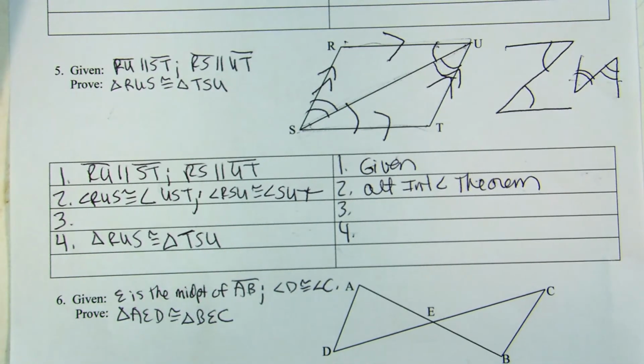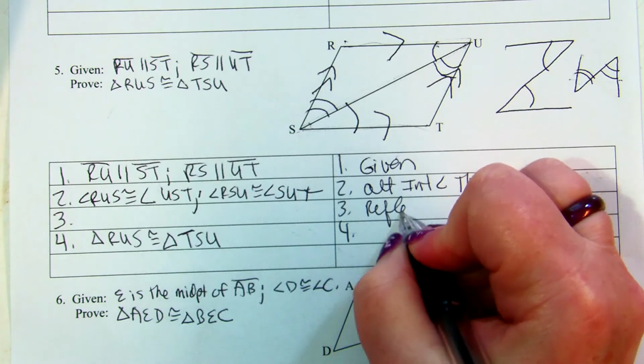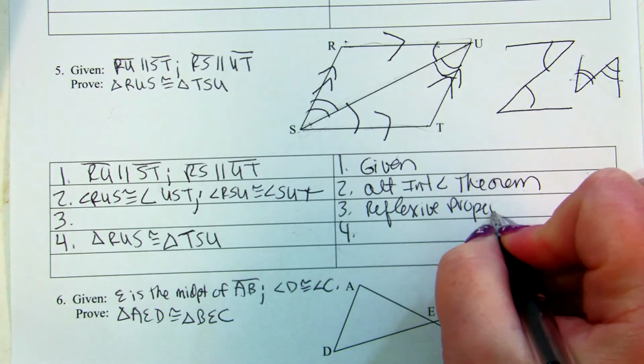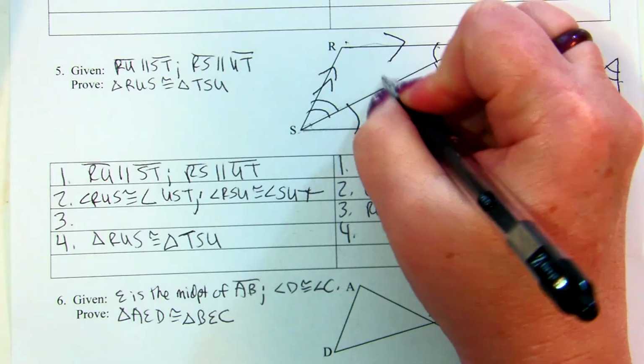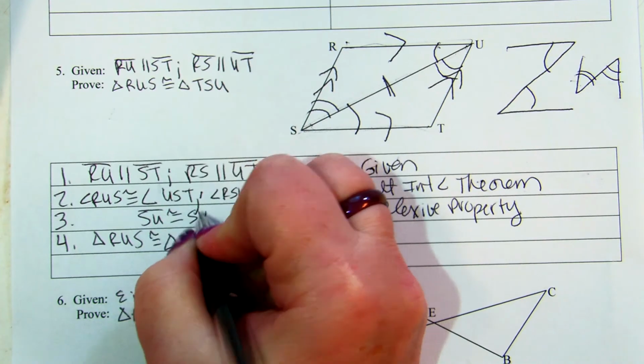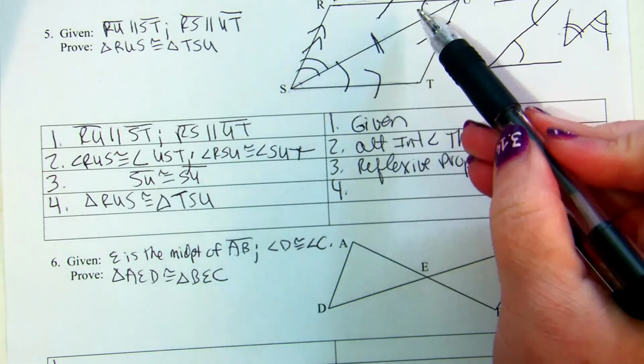Then we need a side, because you can't have just angles. So what side is reflexive property? Side SU. SU is congruent to SU. And then look and see if you can tell why the triangles are congruent.